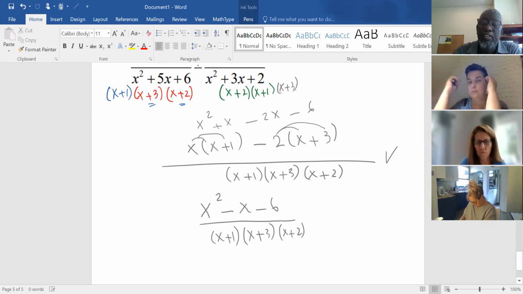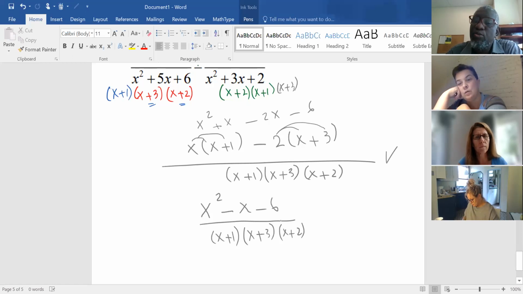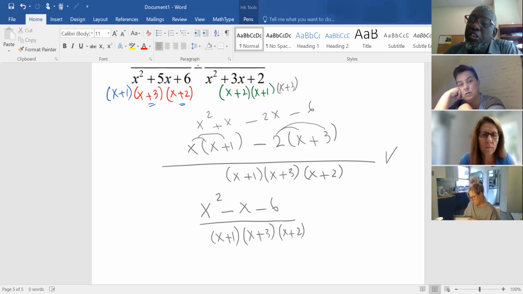In the very extraordinary circumstance, maybe this one could be simplified. We don't know, right? But why not try? This doesn't happen every time, okay? So my goal here, again, what we're learning today is not about simplifying, it's about getting here, right?